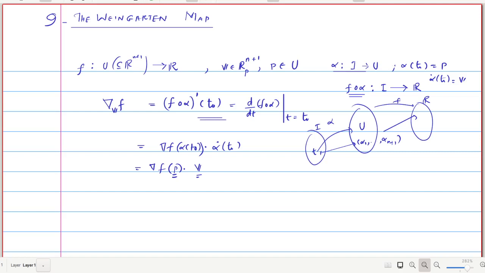That is nothing but del f of P dot V. Okay, this shows that del V f depends only on P, V and f, and it does not depend on the choice of the parameterized curve alpha to evaluate this.